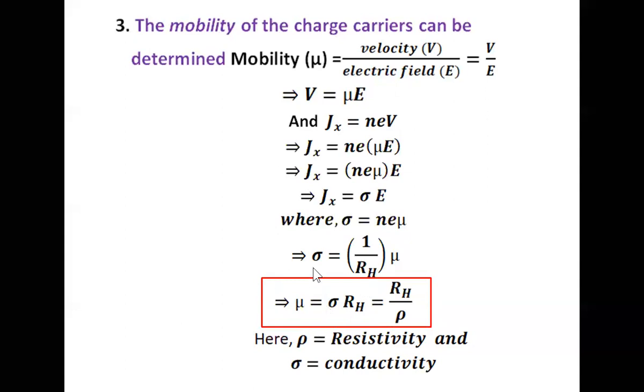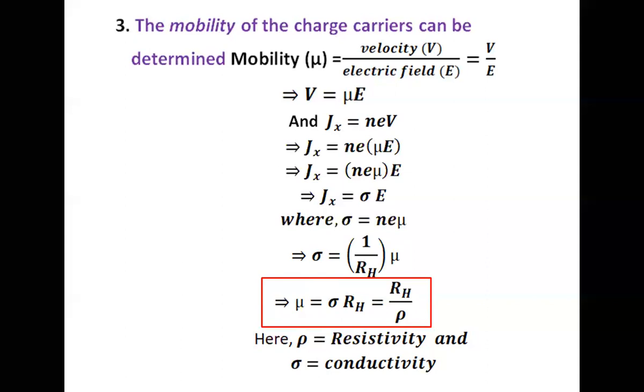So by determining the Hall coefficient in our Hall experiment and knowing the conductivity of the semiconductor, we can measure the Hall mobility. This is also known as Hall mobility, or simply the mobility of the charged particles within the semiconductors.